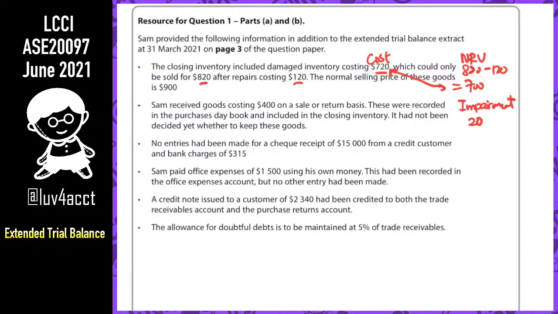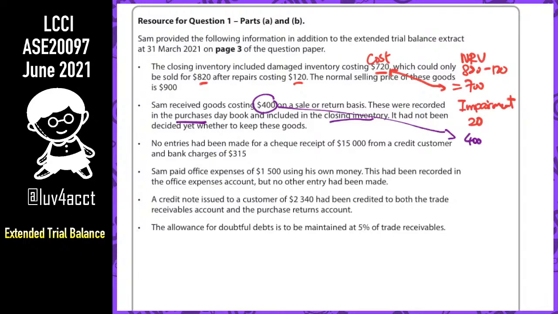So here we are told that this 400 is recorded as purchases already and included in closing inventory already. So it is quite straightforward that we have to adjust for the 400 as one of the adjustments in inventory.